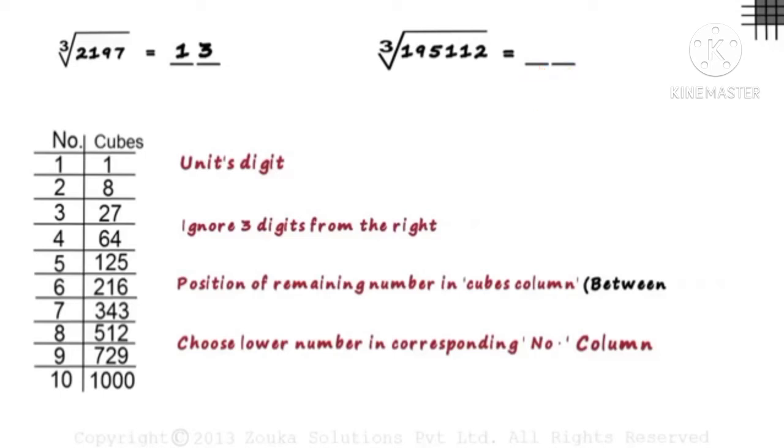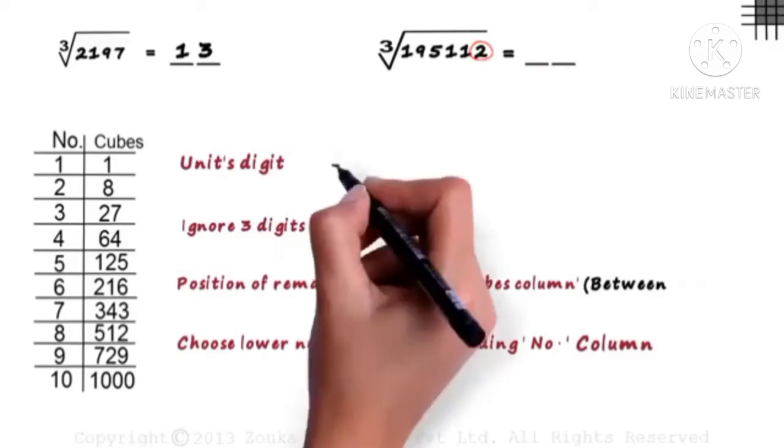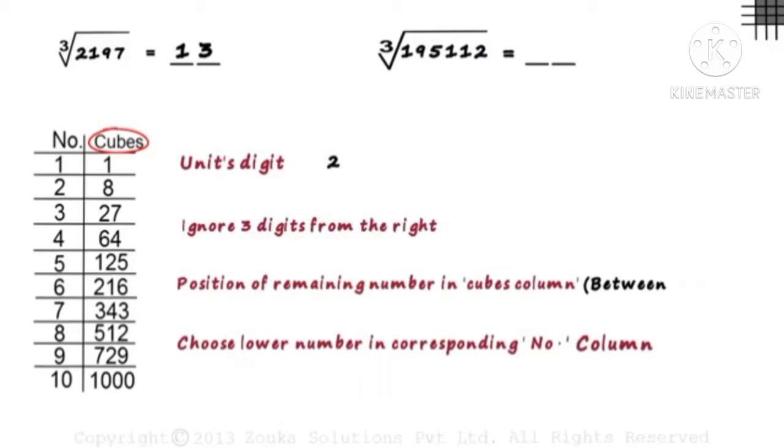Now let's see the unit digit of the number. It's 2. In the cubes column, we look for a number which has its unit digit 2. Yes, it's 512, and the corresponding number in the numbers column is 8. So, we write 8 in the units place of the answer.